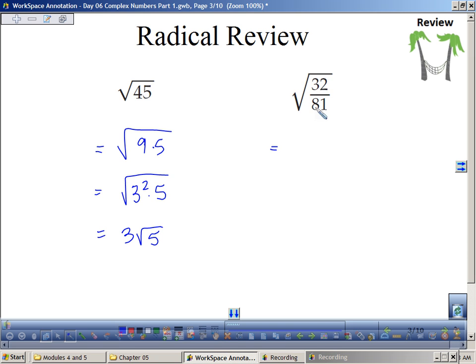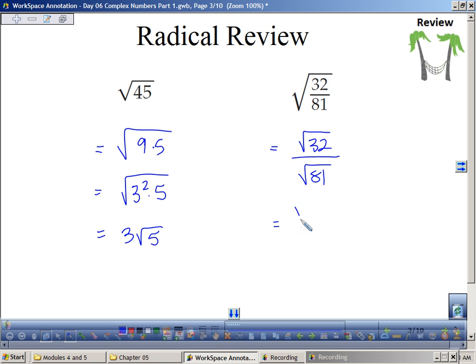I could either simplify while it's underneath the square root, but oftentimes in Algebra 2 it's not going to be able to simplify. So the square root of 32 divided by 81 is equivalent to saying the square root of 32 divided by the square root of 81. So we're going to treat them independently.